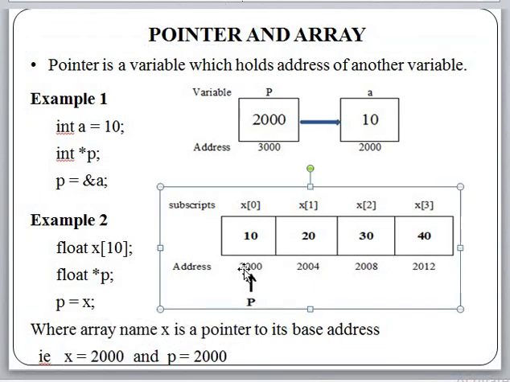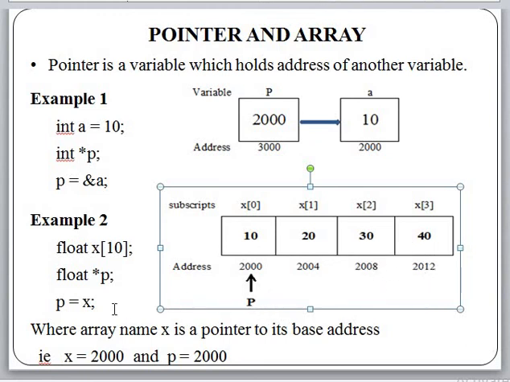I assumed in my example 2000 is the first element's address, 2004 is the second element's address, 2008 is the third element's address, 2012 is the fourth element's address. Because these elements are of type float, every element is stored in a memory location of 4 bytes. So 2000 plus 4 is 2004, plus 4 is 2008, plus 4 is 2012.